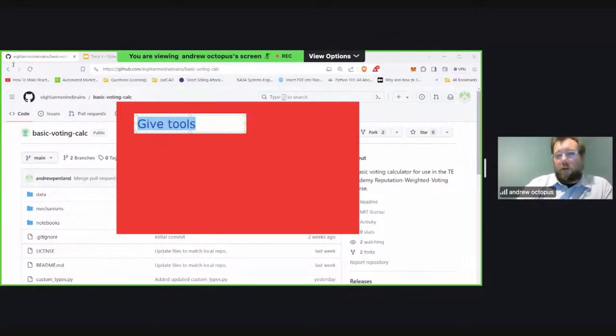I've done it for quadratic voting with Gitcoin. I've done it with a lot of things that I can't talk about because they're under NDA, but I've done about 20 different crypto projects where my job was to go in, understand the mechanism, look for weaknesses in the mechanism, and see if the mechanism worked as intended. Some of those are public and some of those are not.